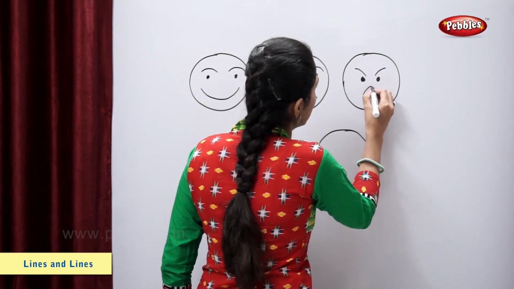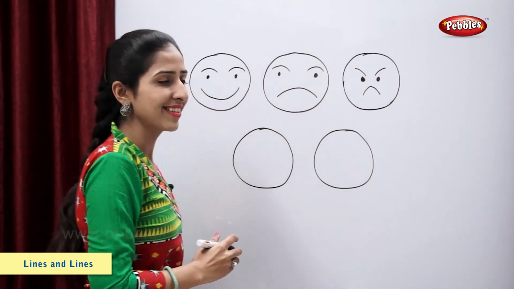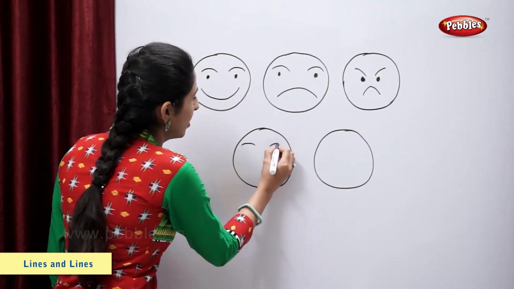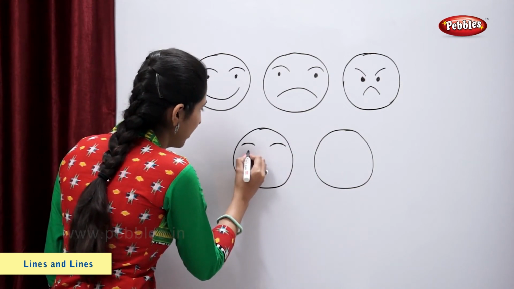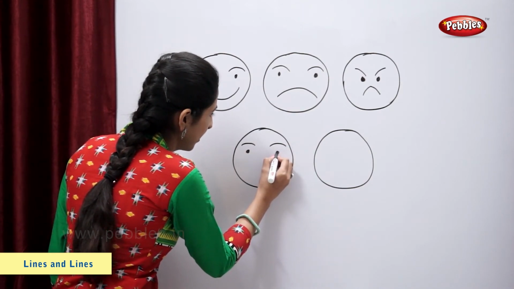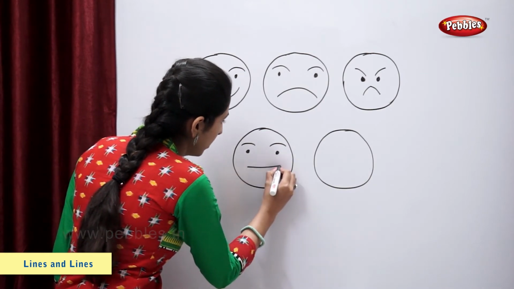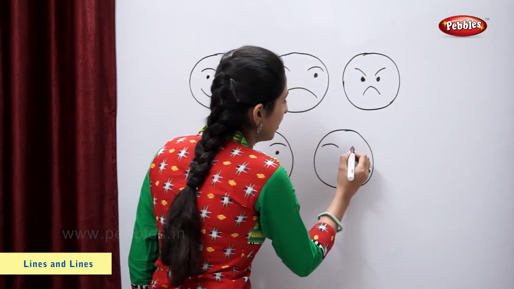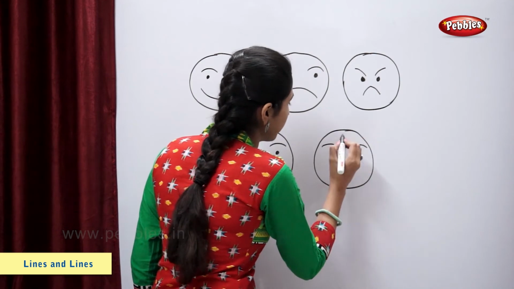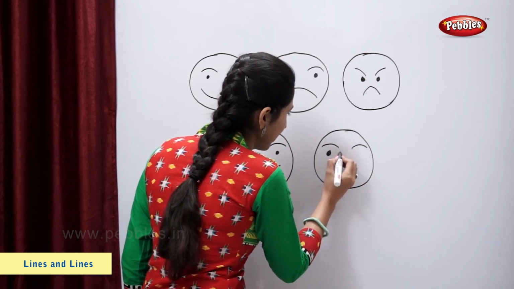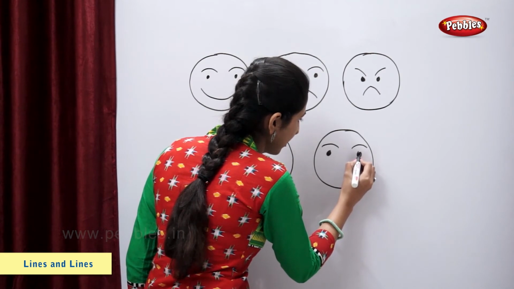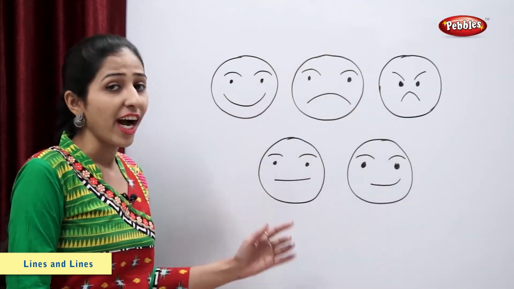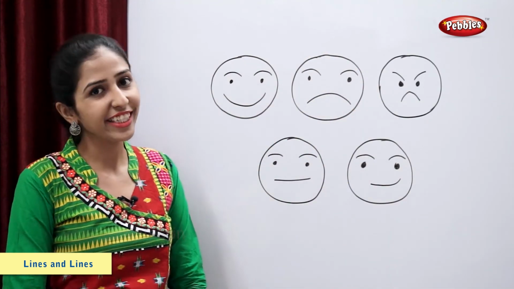Curve. Another curve. Curve. One more curve. A sleeping line. Curve. One more curve. So these are different emotions using lines and curves.